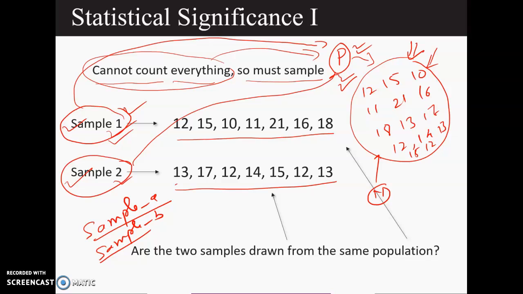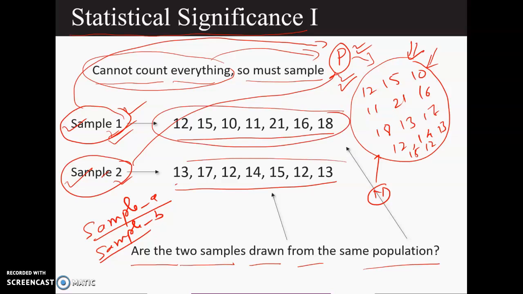So we want to perform a statistical significance analysis. On what basis? The basis is: are the 2 samples, sample 1 and sample 2, drawn from the same population or not?